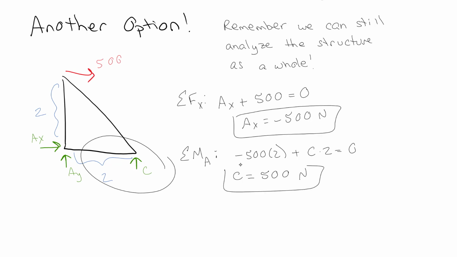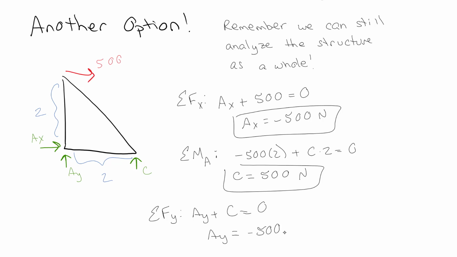Okay? And then I can do the sum of the forces in the y, giving me AY plus C is equal to 0. So AY has to be equal to negative 500. So now I've gotten all of those external forces. Then you can go, let's say, inside to solve it.